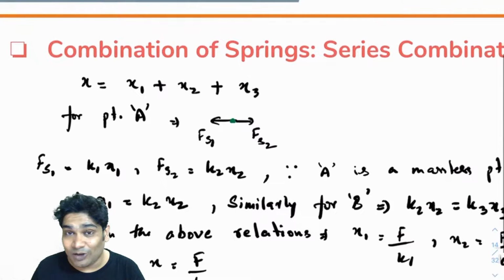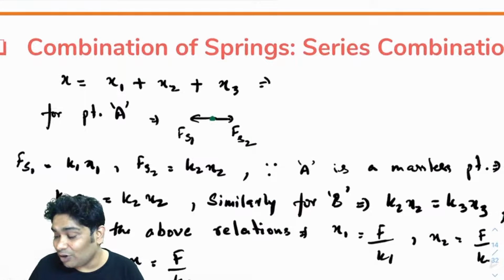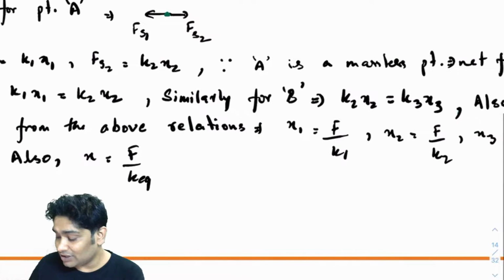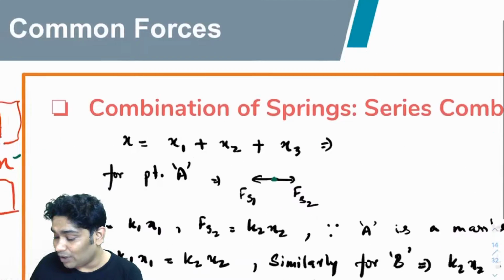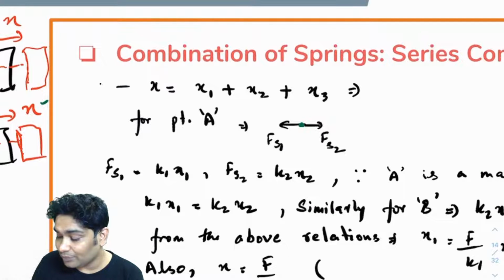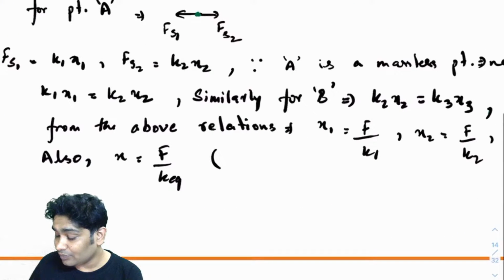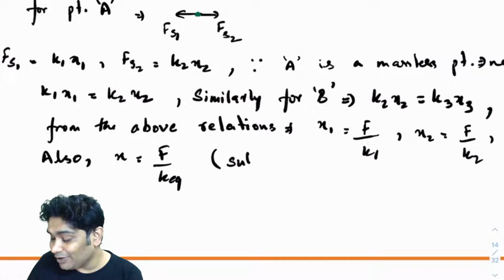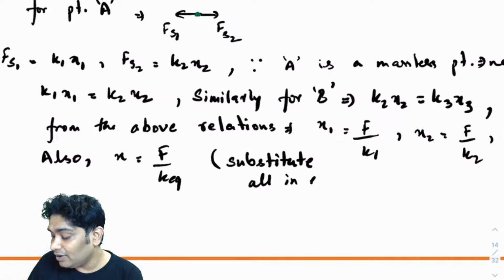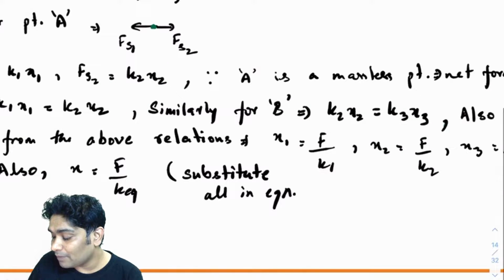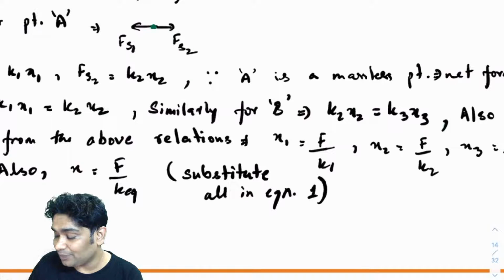Now let's substitute all of these here. So substitute all of these in equation number 1. So this is my equation number 1. Now all you need to do is substitute all values in equation 1. Let's see what that will give us.